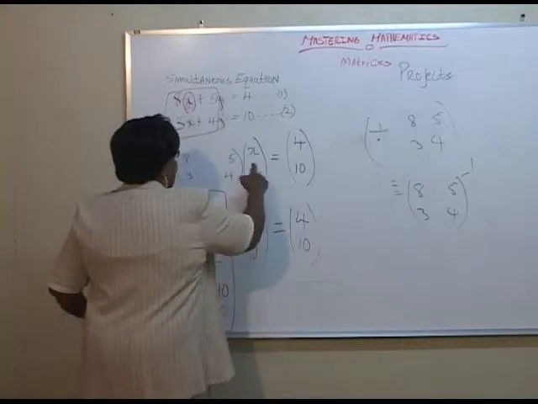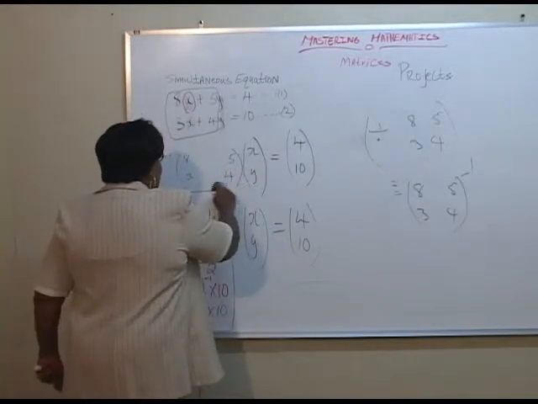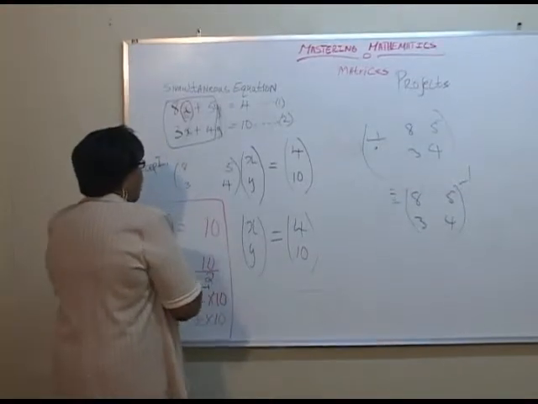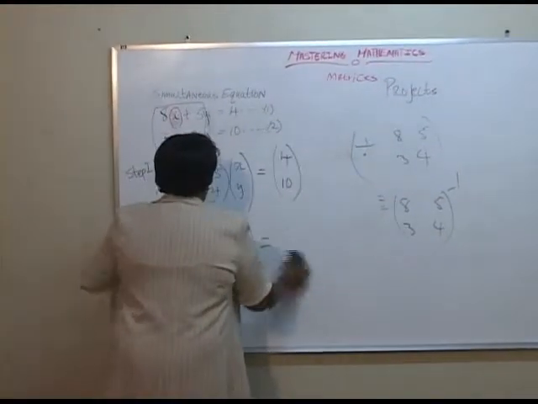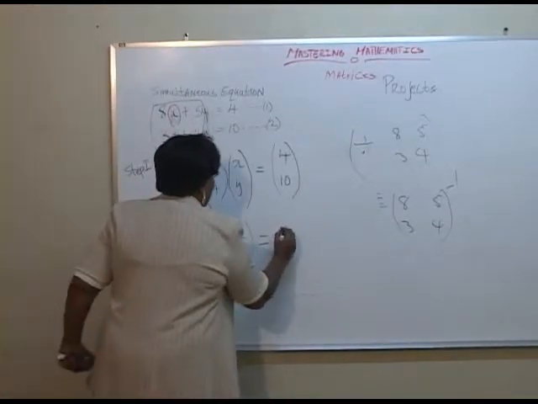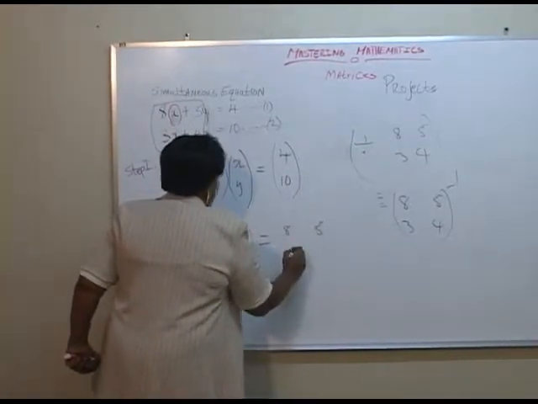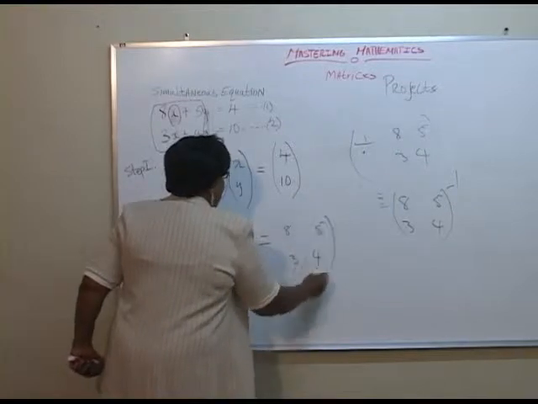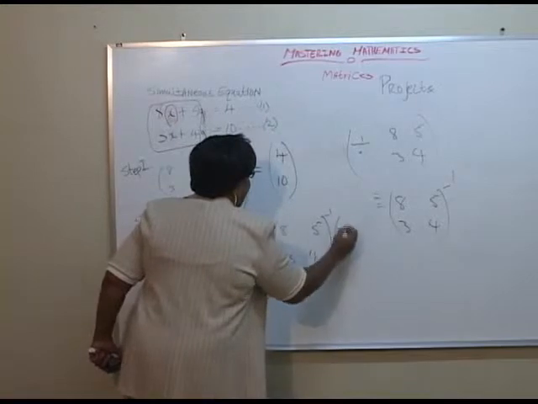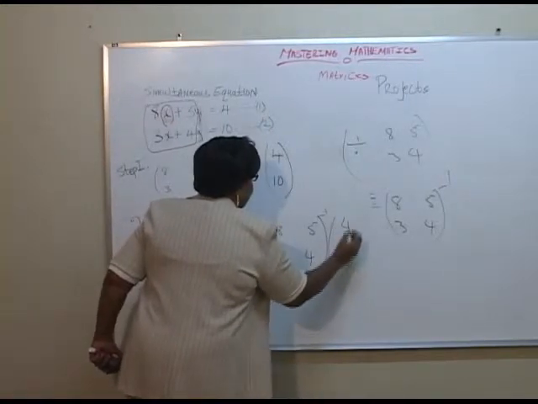So from this step up here, having gotten it in matrix form, we would write x, y is equal to the inverse of the 2 by 2 matrix. So it is 8, 5, 3, 4, the inverse, and it is multiplied by 4, 10.